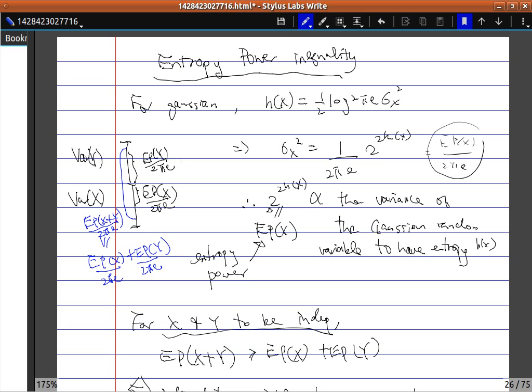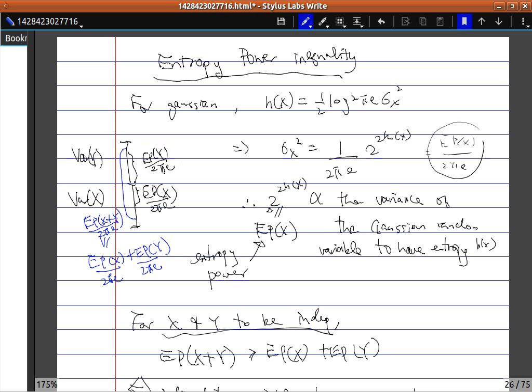So therefore, for any random variable Y, EP(Y) over 2 pi e, that's the variance of the corresponding Gaussian random variable with the same entropy as Y, should be less than or equal to the variance of Y. And only when Y is Gaussian will these two terms be equal, right?